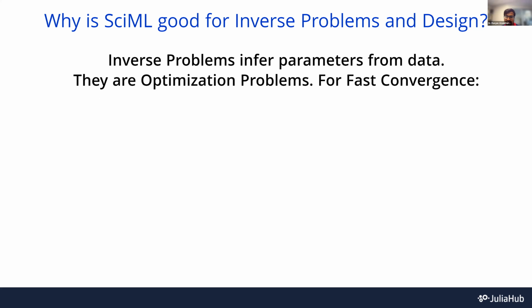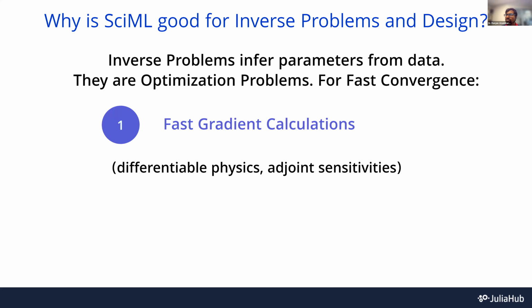So both of these are optimization problems. In the context of optimization, how is SciML beneficial? SciML helps you get faster convergence, and it does it in one of two ways. First is getting gradients. If you have a loss function that you're trying to regress against, first you get fast gradient calculations. How do you get these?